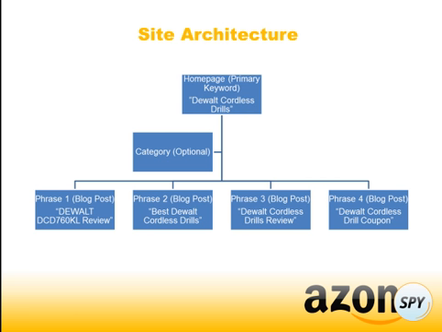You're just targeting a specific phrase for each blog post, and what that's going to do is help better optimize your overall site because each blog post is targeted to a specific 2 or 3 keyword phrase. So it has a better chance to rank in the search results than if you tried to optimize for all of these different terms in just one blog post.